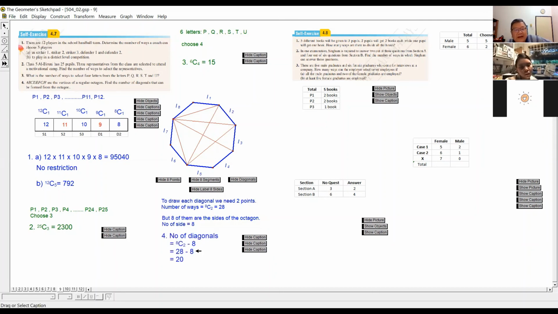So the number of diagonals is 8C2, the total number of lines that I can draw, minus 8, because these 8 are the sides, they are not diagonals. I use 28 minus 8, so the answer is 20. Any question?